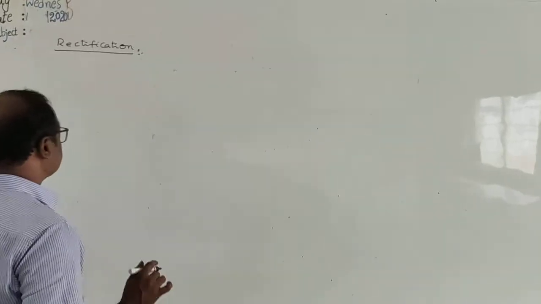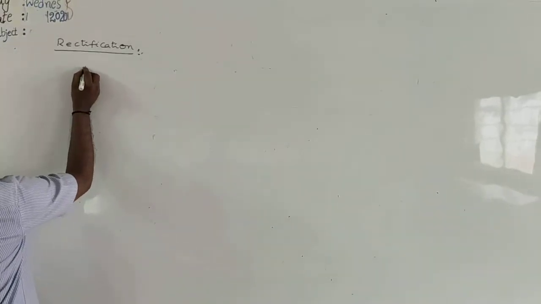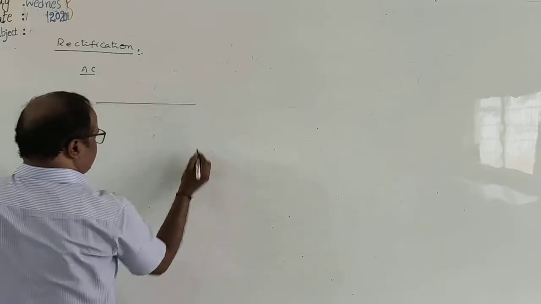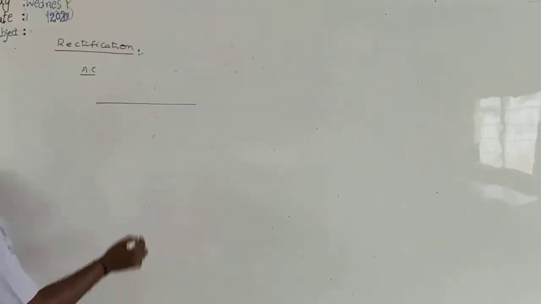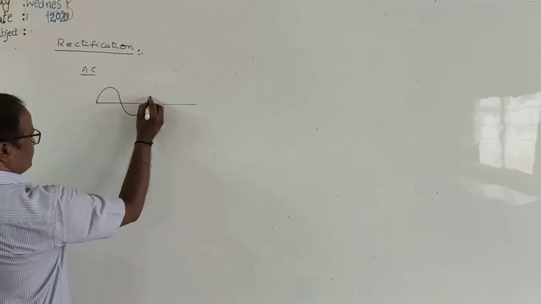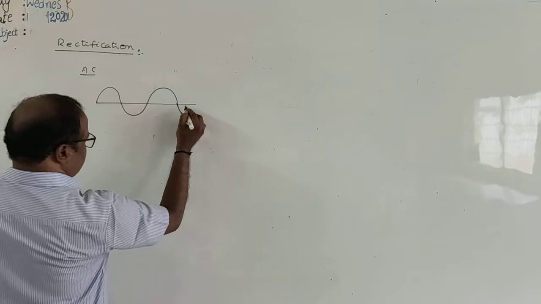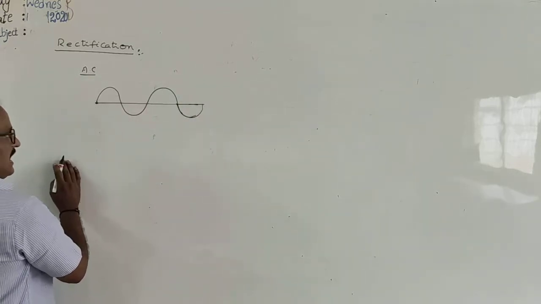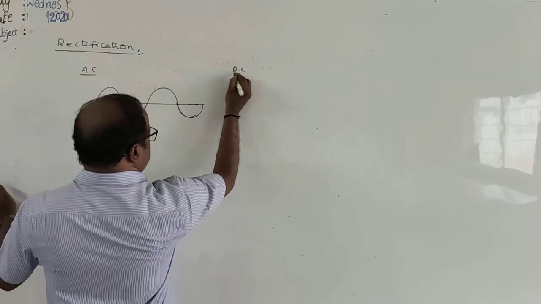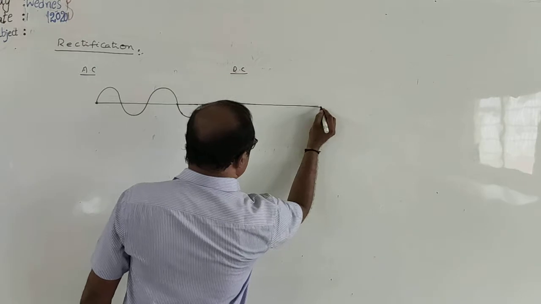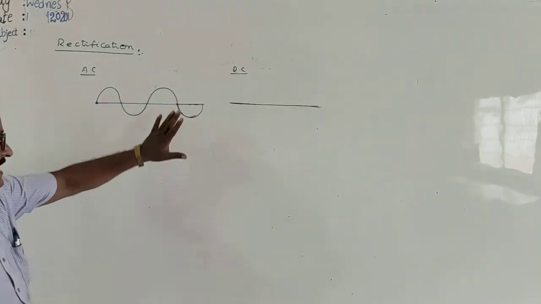In general, alternating current is represented by a sine function, a sinusoidal current. So this becomes just like this. This is the alternating current, AC. And DC means the magnitude of the current does not change with respect to time.